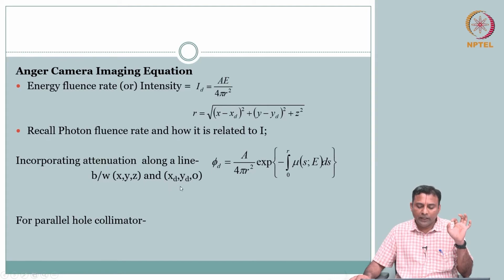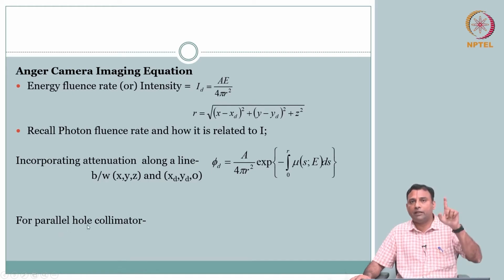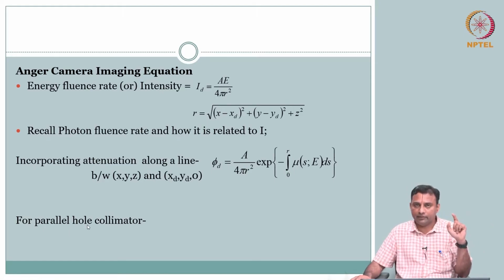Even this we can simplify further, because we said we are going to be interested in a parallel hole collimator. If it is coming at some angle, we are not really interested in that. We will pretend that it is not going to contribute to the image; it is going to be absorbed by the collimator.